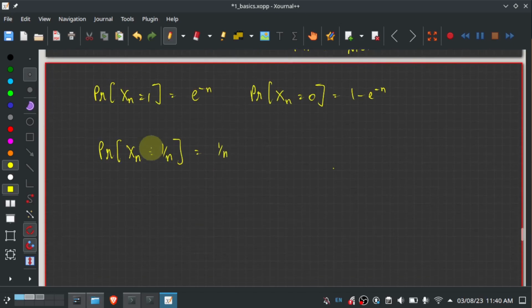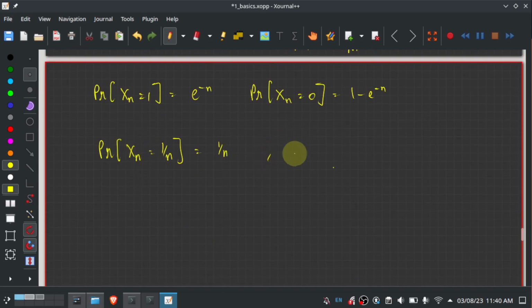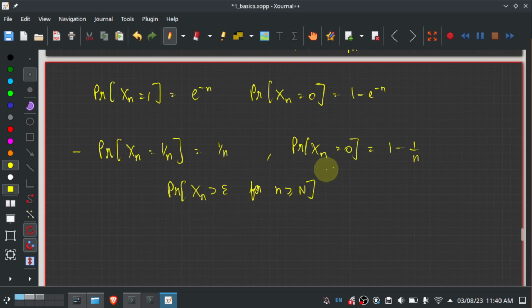The probability that xn equal to 0 is 1 minus 1 over n, right? So what is the probability that xn is greater than epsilon for all n greater than or equal to capital N? For a given epsilon, can I find a capital N such that this quantity is 0?